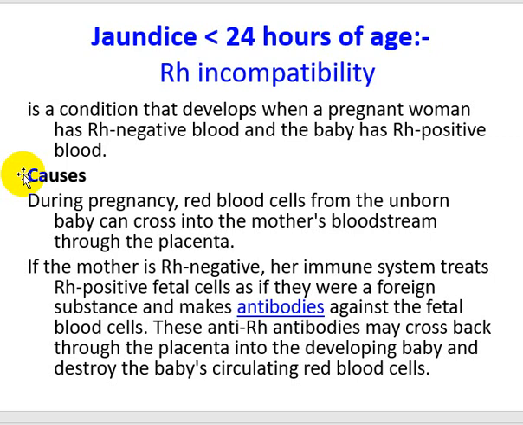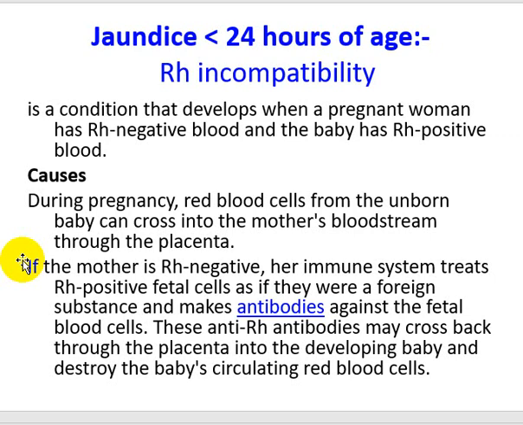During birth, or if abortion occurs, if the mother is Rh negative, the immune system regards these positive cells as foreign bodies and antibodies will be formed against these cells.